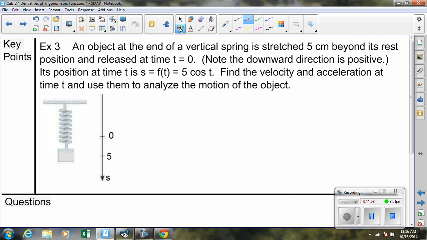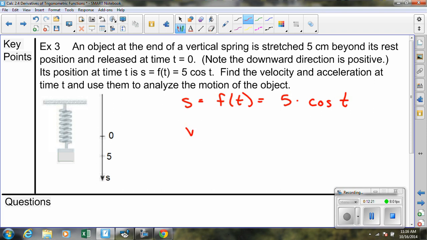Its position at a time t, s equals f of t, is given by the equation 5 times the cosine of t. Find the velocity and the acceleration at a time t. Okay, well, how do you get velocity?